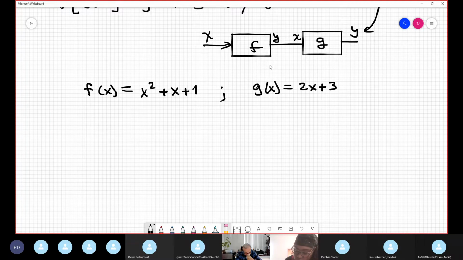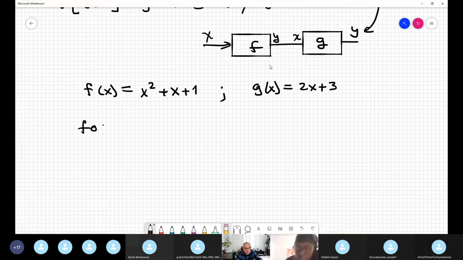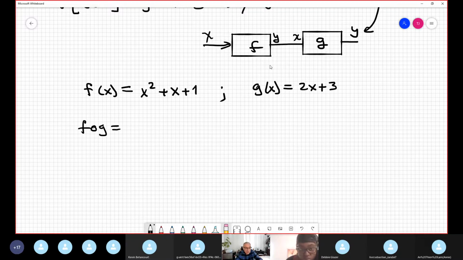Can you find the expression of f composition g, in this order? You need to understand that g is the first one, because the letter g is closer to the x, and x represents the element of the domain.